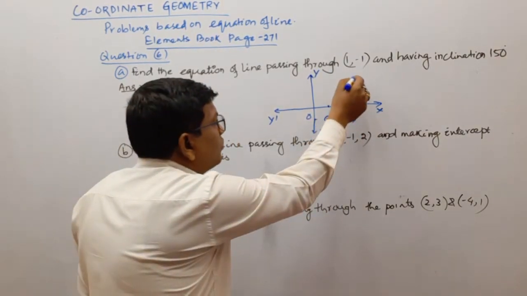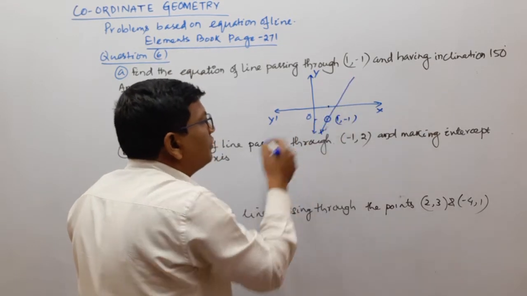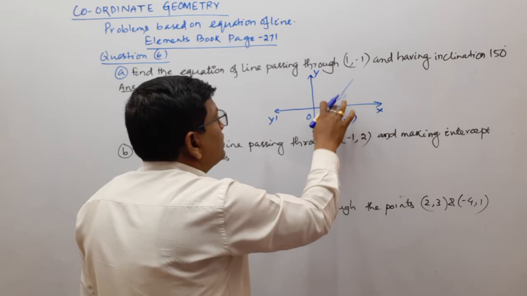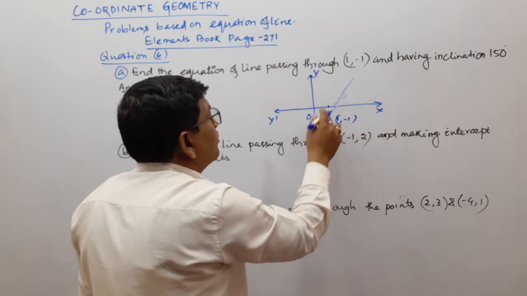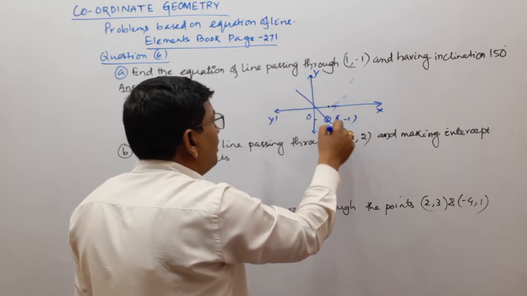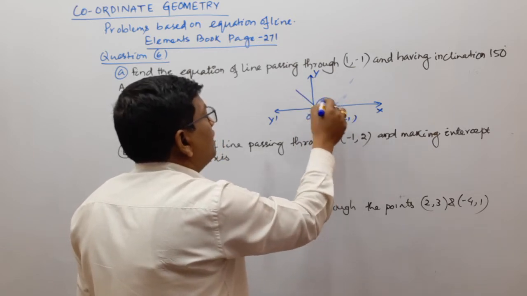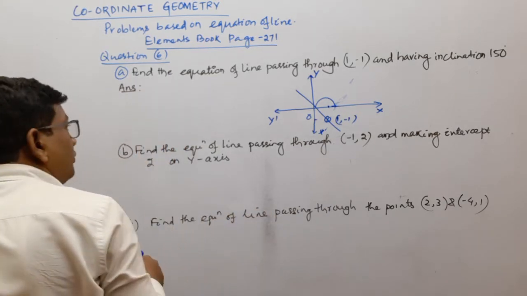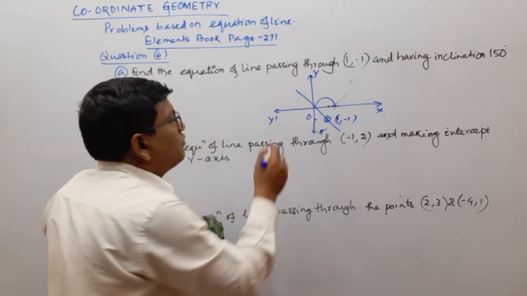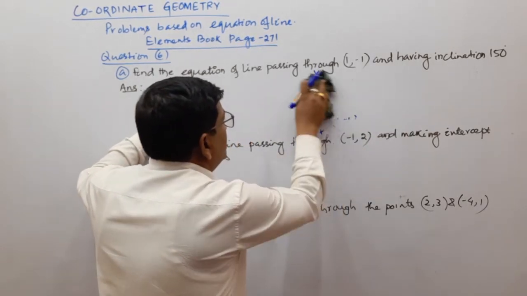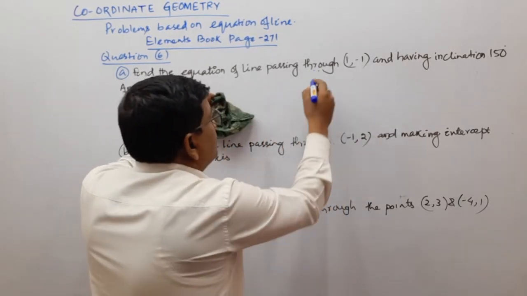The line passing through this point may be like this, because the inclination is 150 degrees. So the line passes like this, because this angle is 150 degrees. Clear? Now write the figure clearly.